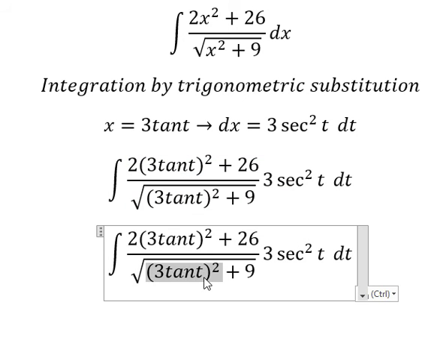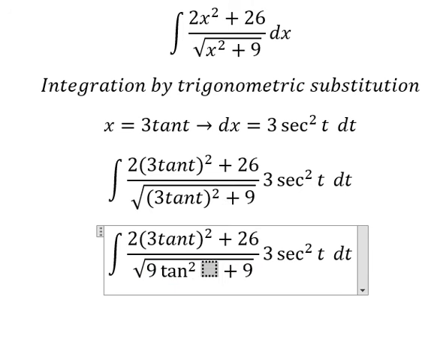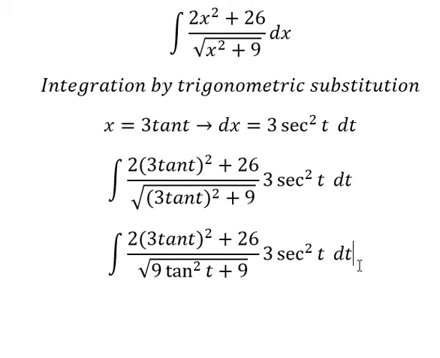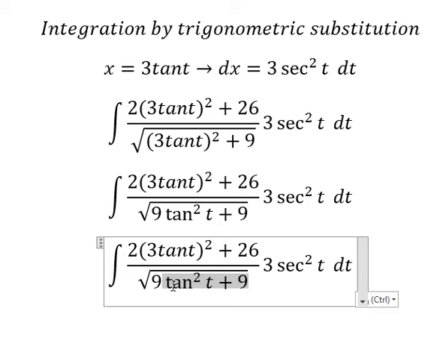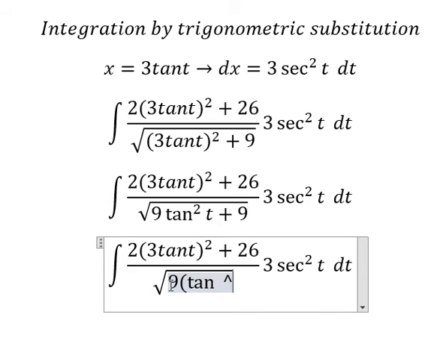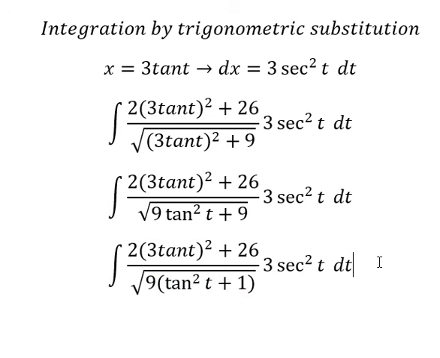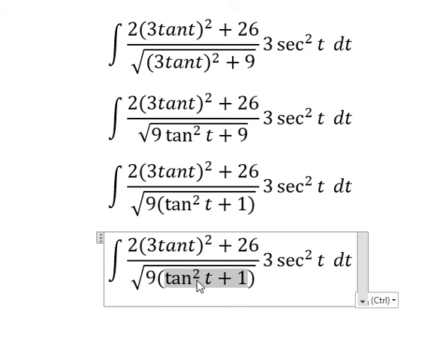This one you get 9 tan squared t. Number 9, we can do factorization. This one you get secant squared t.